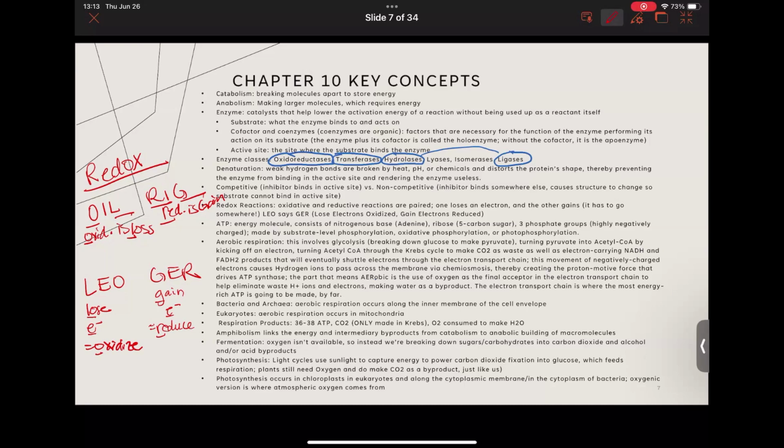ATP, aerobic respiration, and all of this. Cool. So ATP is our energy molecule, and it looks like, I'm not going to draw the whole thing, but you have your nitrogenous base, which is your A, attached to a sugar, which is a 5-carbon sugar that we know fondly and lovingly as ribose.